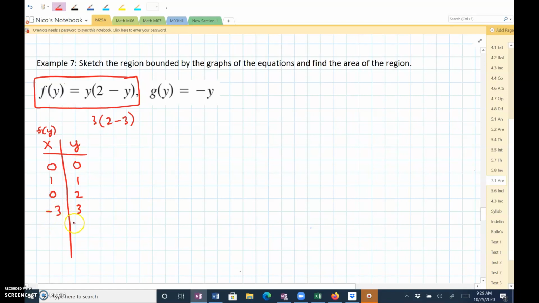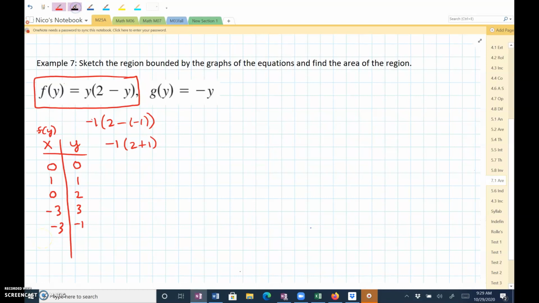Then I will plug negative 1 in. So let's see, this will be negative 3.